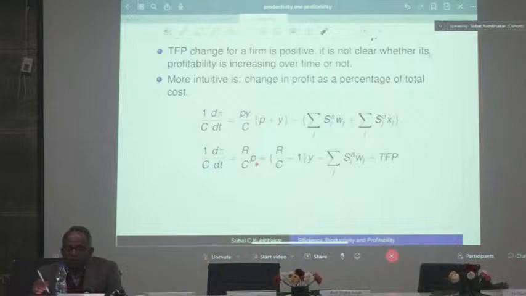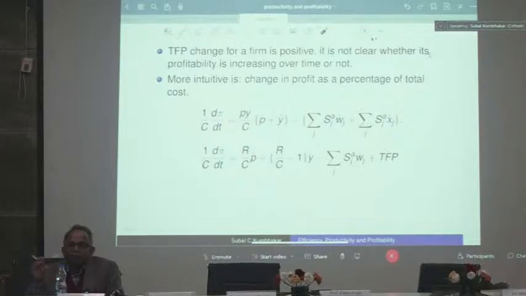Then, given everything else, profitability is also going down. So I told you that a lot of firms in the computer industry are not making profit because the price change is negative. Price is not increasing over time; it is going down. So this is contributing negatively to this.